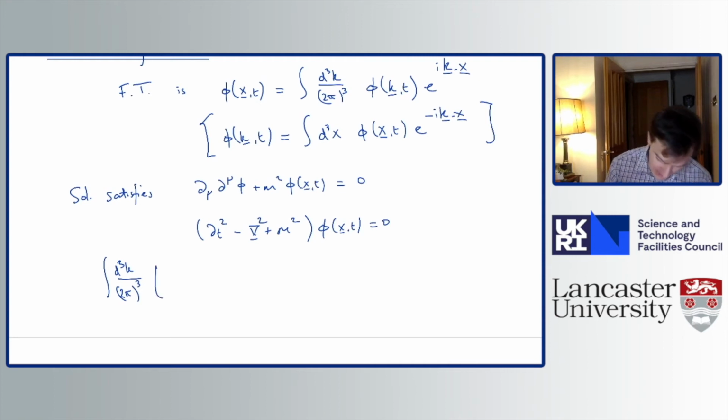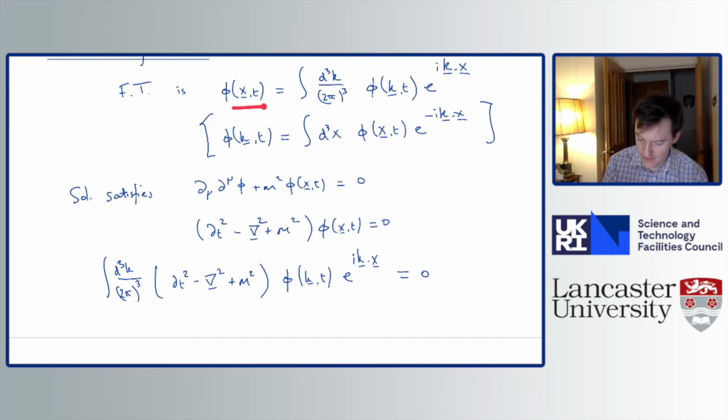Then I'm going to have dt squared minus spatial derivative squared plus m squared acting on phi k of t e to the i k dot x pieces. This should equal 0. I've just substituted this form of phi of x and t into my equation.